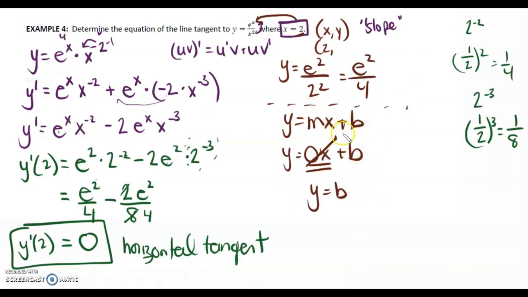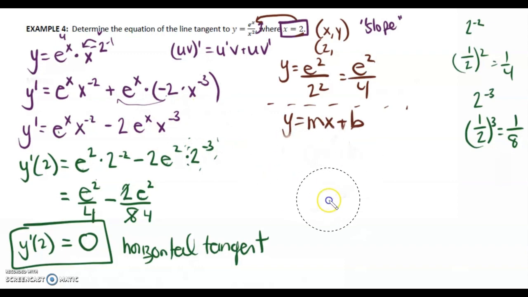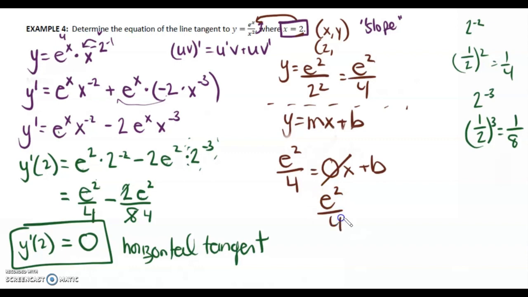Okay, if we were to sub this into the full equation, just to show the steps, we would get e squared over 4 equals 0 times x plus b. Well, this goes to 0. e squared over 4 equals b.